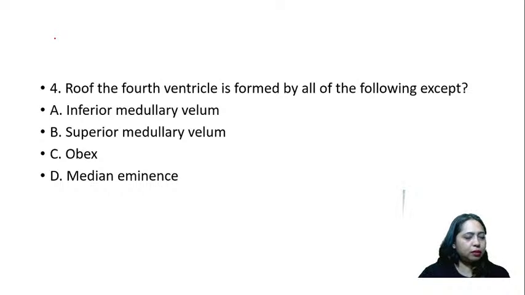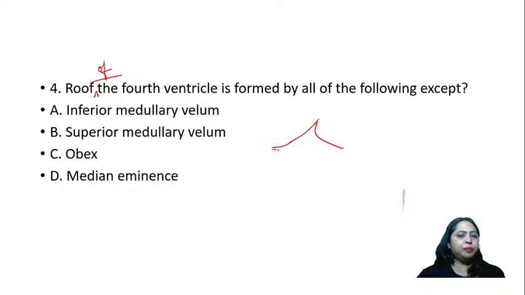Fourth one, the roof of the fourth ventricle is formed by all of the following except. Fourth ventricle. There is the superior medullary velum, there is the inferior medullary velum, or I can show it like this.